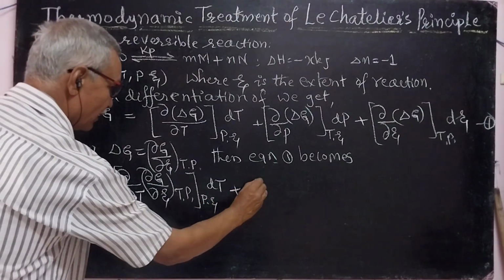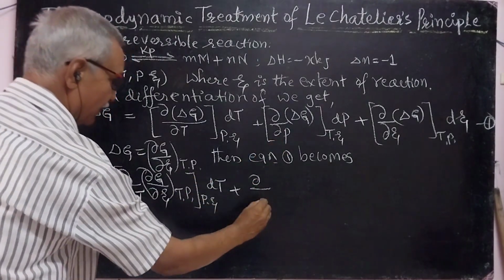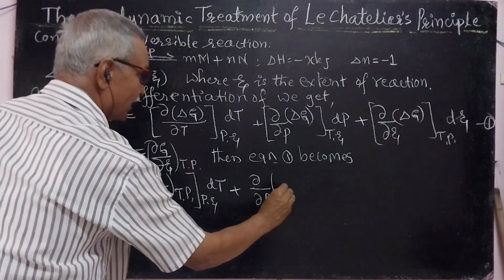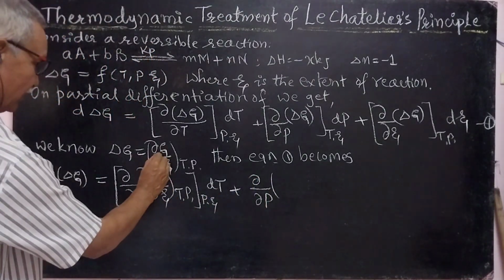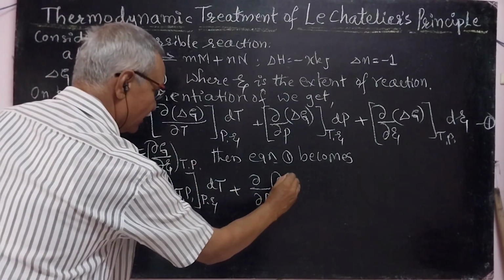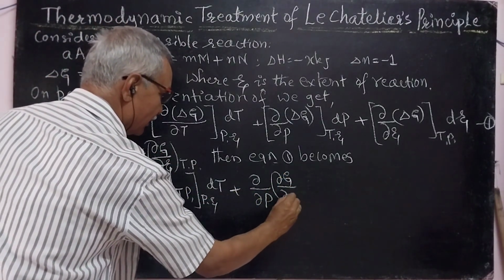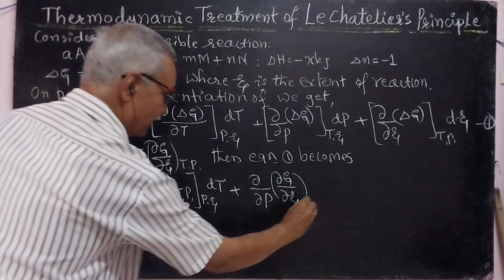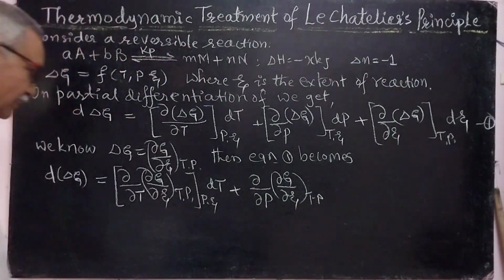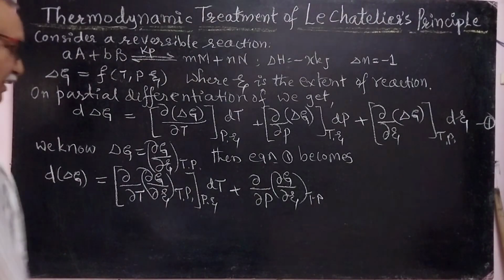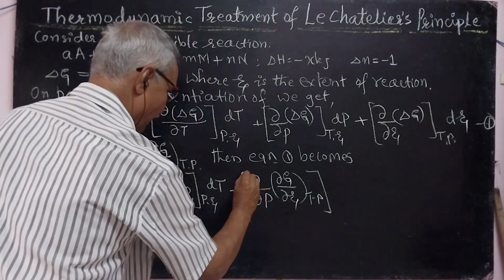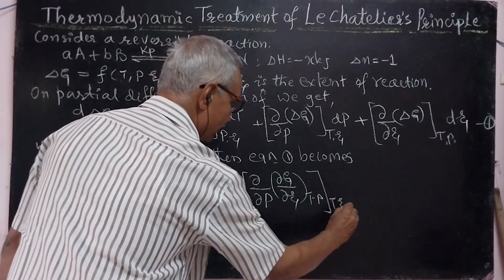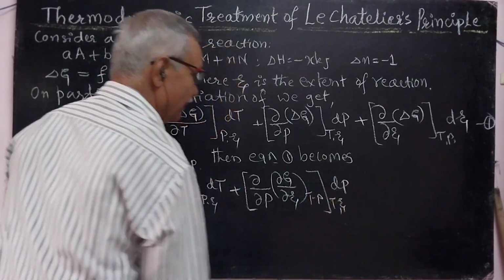Similarly, dou by dou P of the bracket, that is you substitute delta G equal to dou G divided by dou epsilon at constant temperature and pressure, and this is at constant temperature and epsilon, into dP.